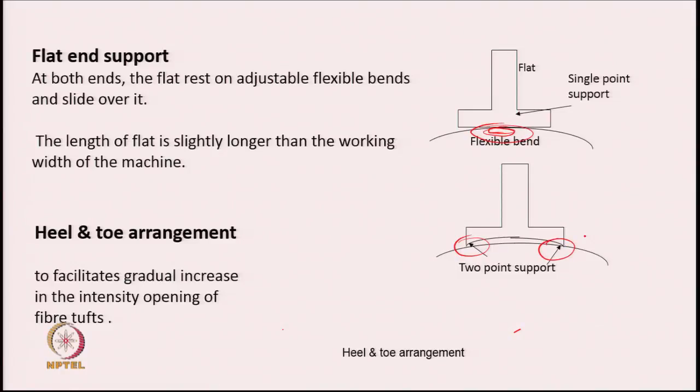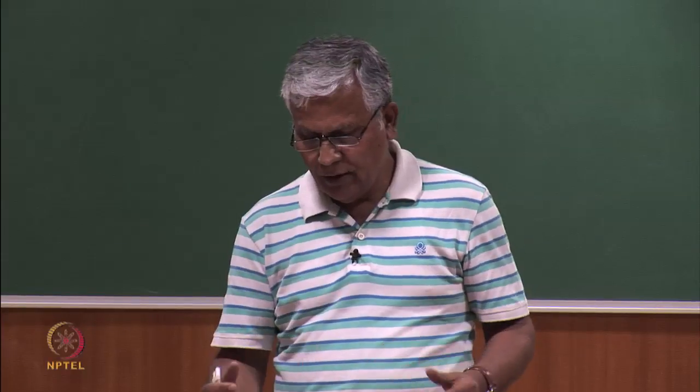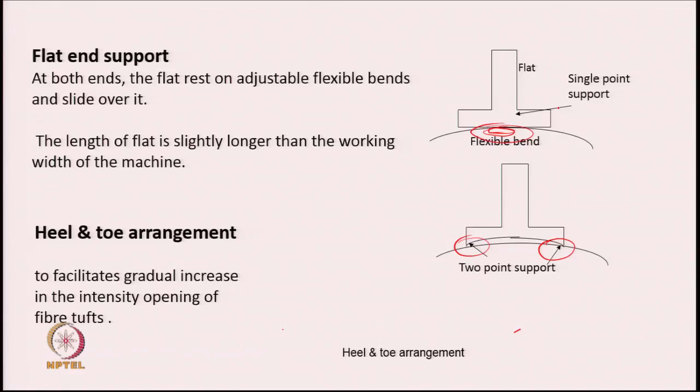Now, this 2 point support is superior in comparison to the single point support, because when the flats start moving over the flexible band, then the movement becomes smooth if these two ends of the flats have a support over the flexible band. So, this is the flexible band.